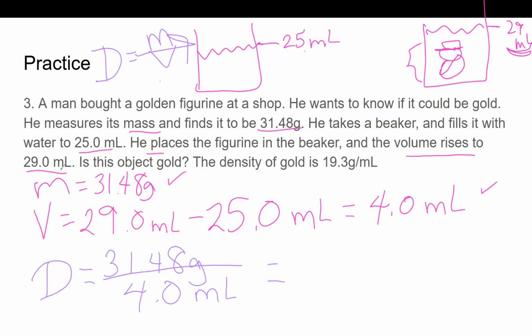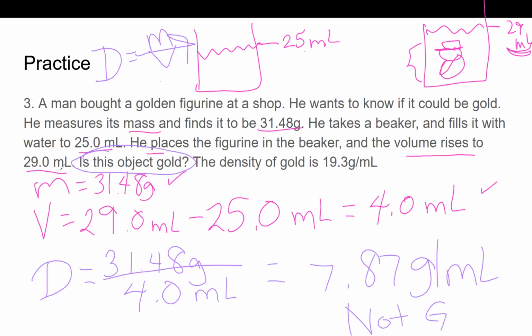So if I do that in my calculator, 31.48 grams divided by 4 equals 7.87 grams per mil. The question didn't ask me for the density of the object. It asked me, is this object gold? So the answer is no, it's not gold.